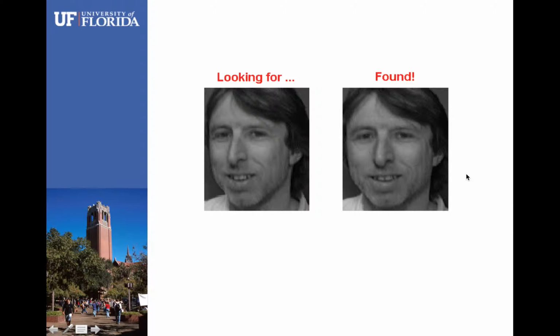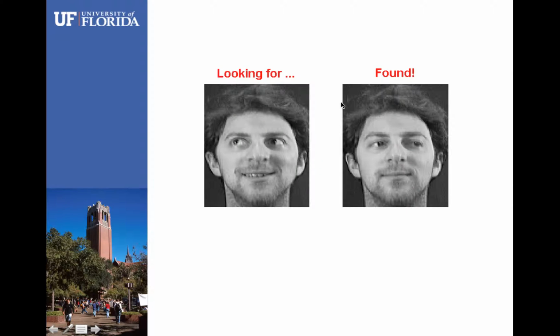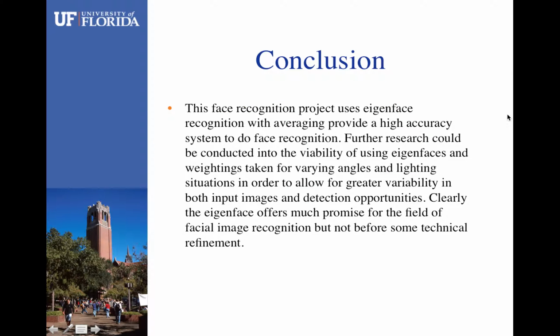In example 2, we can see it's again the same person. Example 3, the same guy. So the test is successful. This system successfully chose the right image from the database that matches the test image.